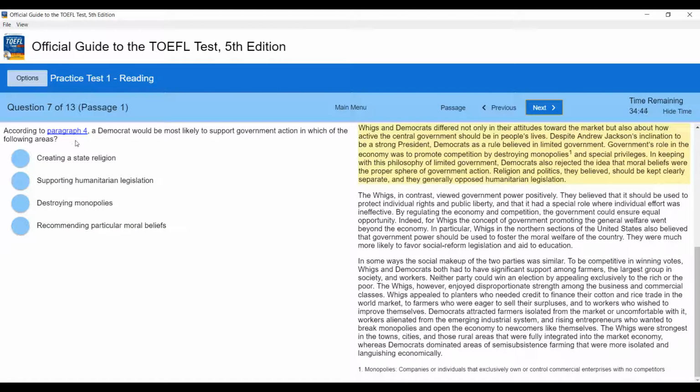Okay. Paragraph 4. There are a lot of detailed questions in this one. A Democrat would be most likely to support government action in which of the following areas? So I need to find areas that are mentioned here, and also words that would signal support and rejection. So we have the word Democrats also rejected.